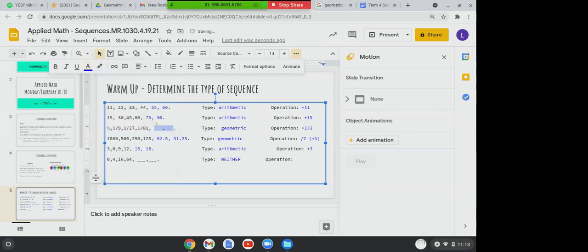So, what is 3 times 81? 243. Yep. So that's 1 over 243.